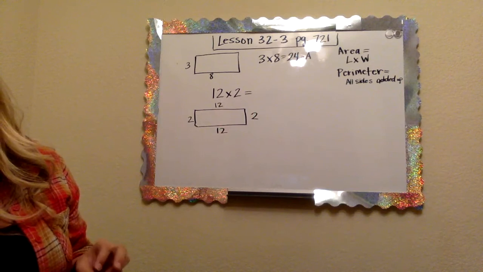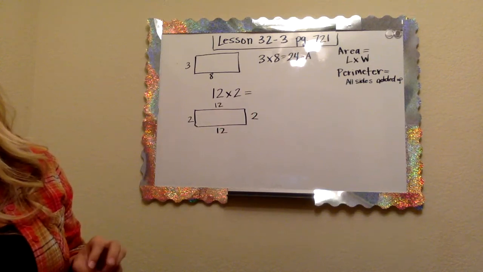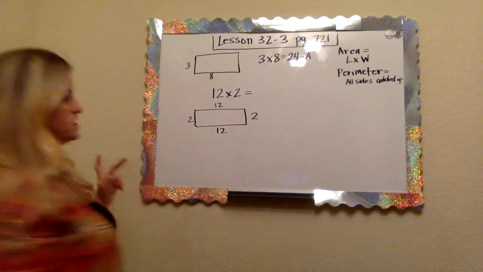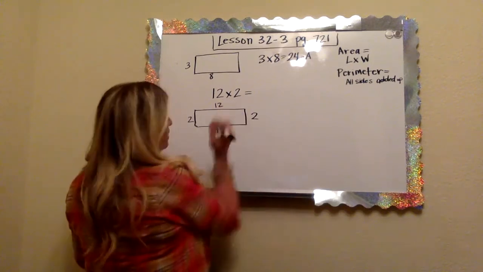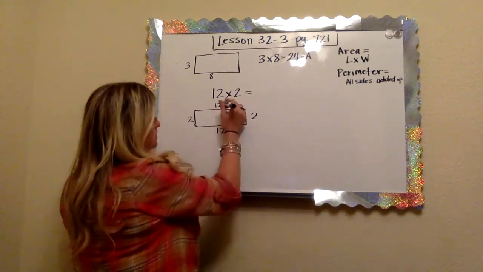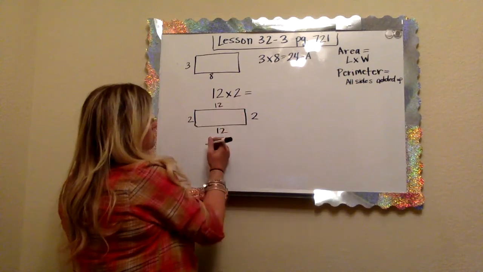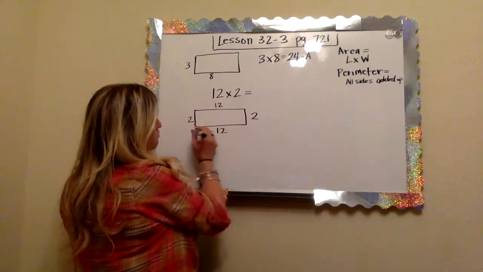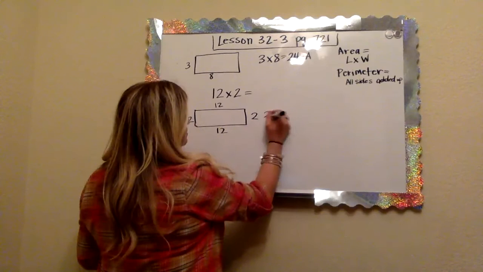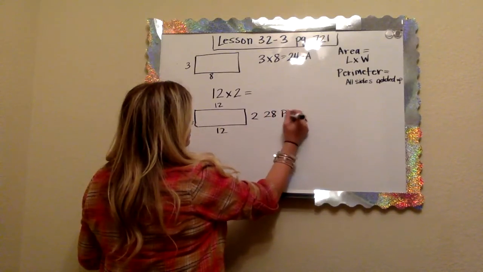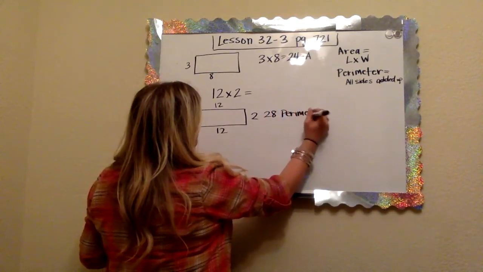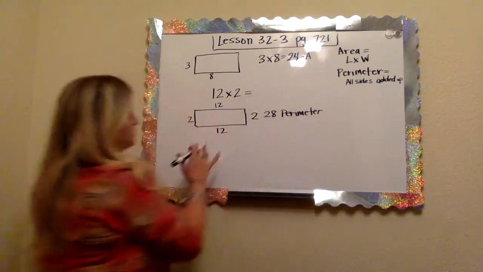He has 20 feet of fencing using the same area as his garden. It's going to have a perimeter of 20 feet. I need to find the perimeter of 20 feet. I can tell automatically this is not going to be that. So 12 plus 12 is 24, plus 4 is 28. So this is a 28 perimeter. This one will not work.